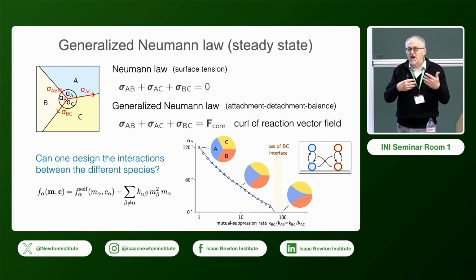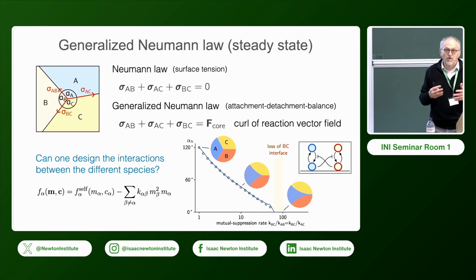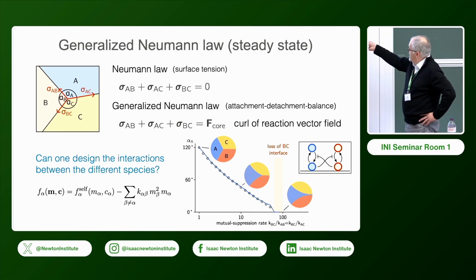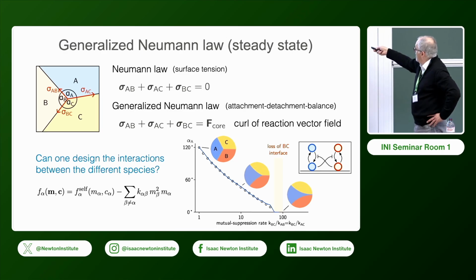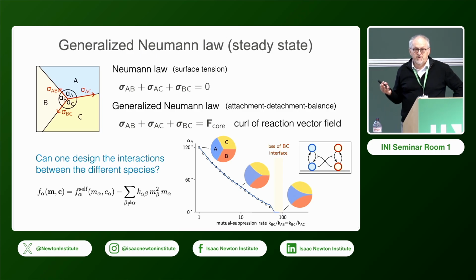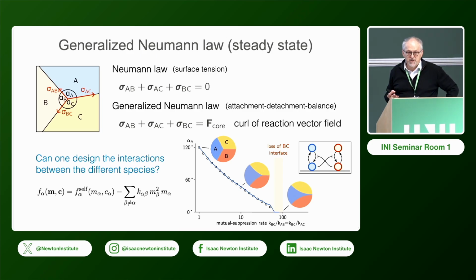So you can tune how much A, B, C like each other or dislike each other. And what they could do is they could tune the angle between the A phase and the C and the B phase such that you can go all the way to what's called complete wetting in the literature on multi-component mixtures. Okay?